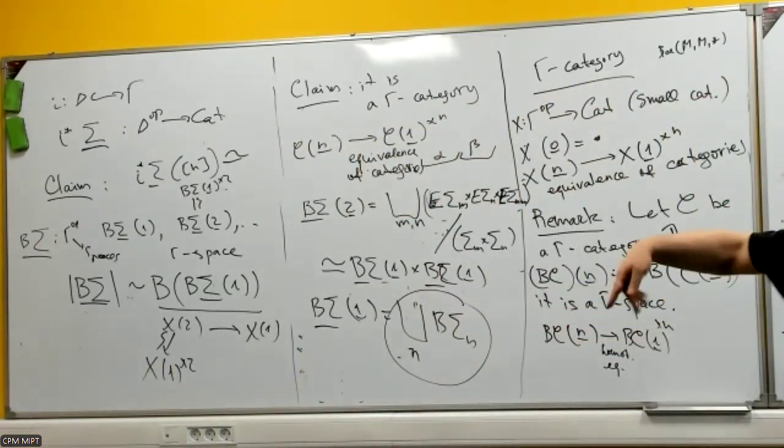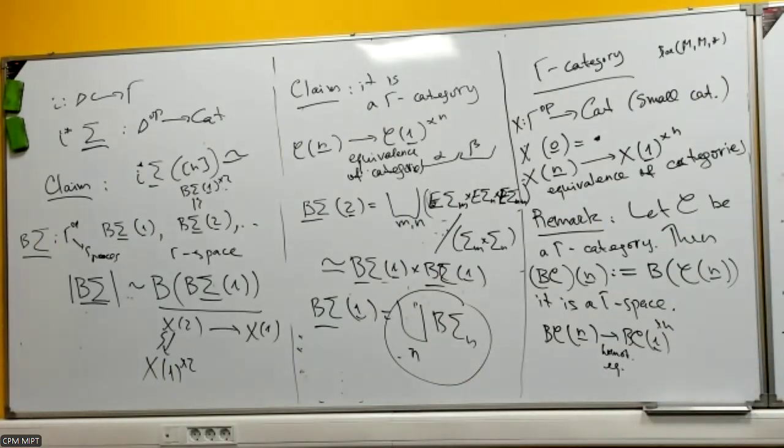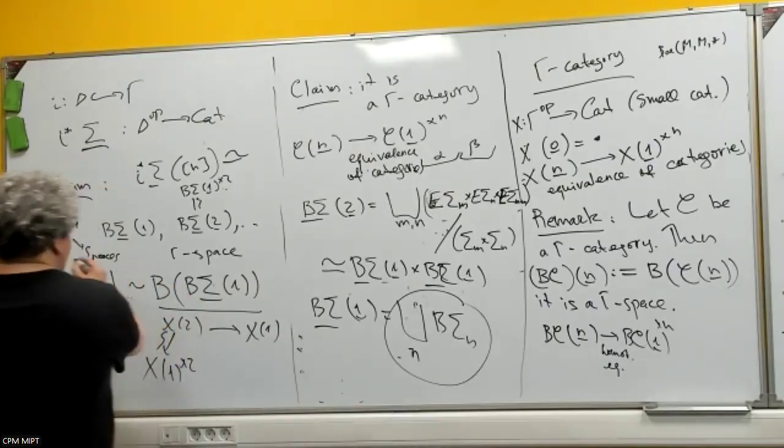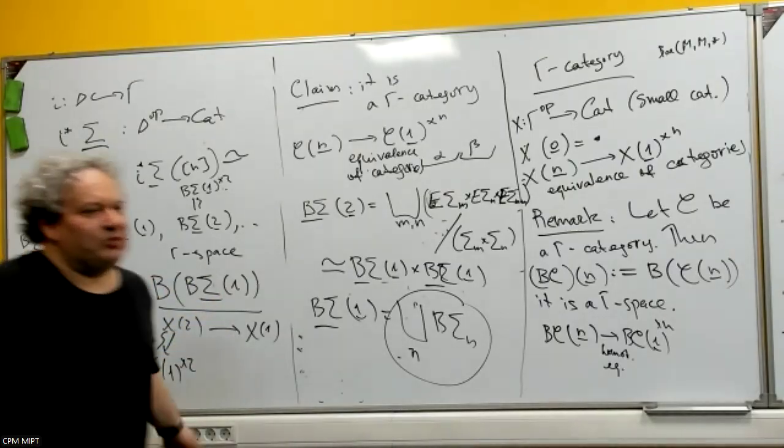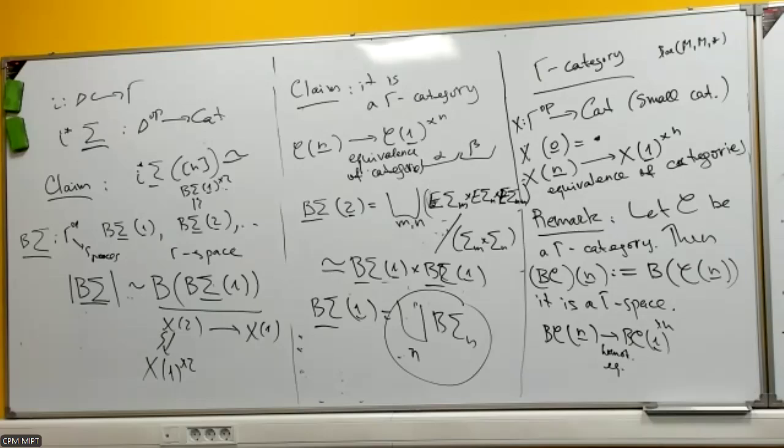But here I make use that on x1 I already have an honest monoid, and then I can deduce that the realization of this gamma space is the same as the realization of this topological monoid. Yeah, this is very nice. So actually this is only what I need as a preparation, and now we prove this theorem and give some interpretation, so then I have enough time, I hope.